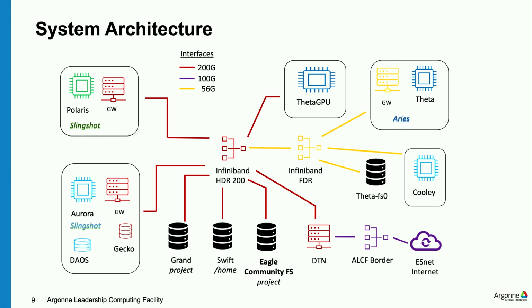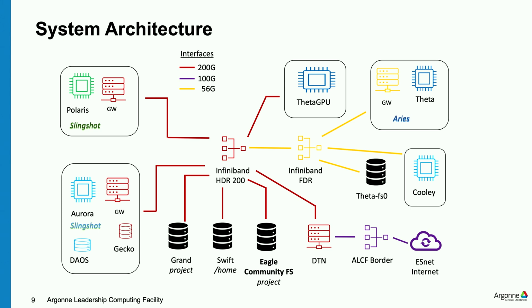So this is the system architecture, shown here network-centric. We have an InfiniBand HDR fabric with 200 gigabit links. If you look at the bottom, you will see the Eagle file system. This is a community file system which we share.